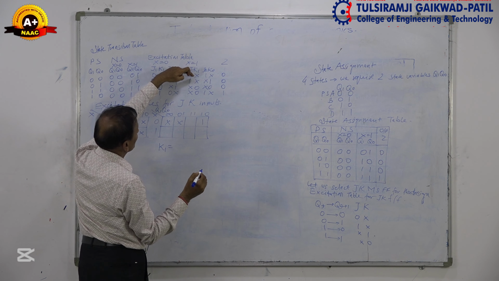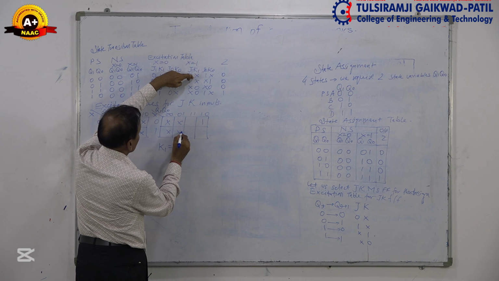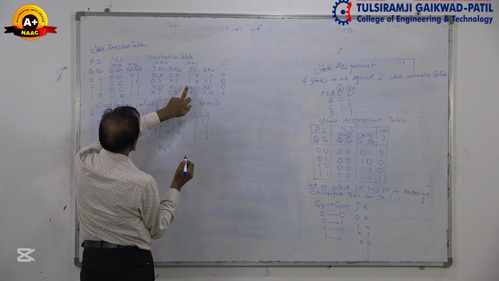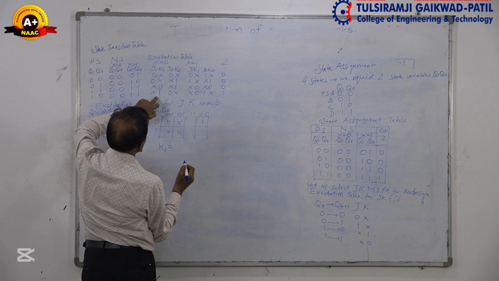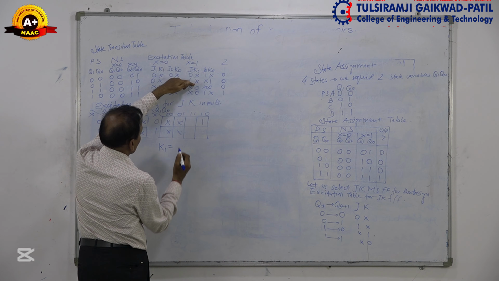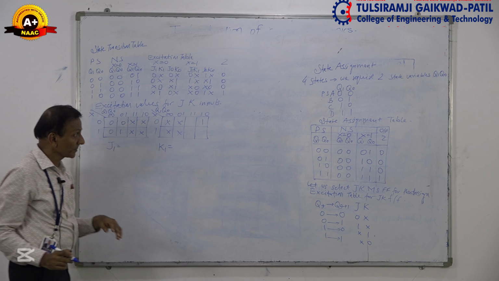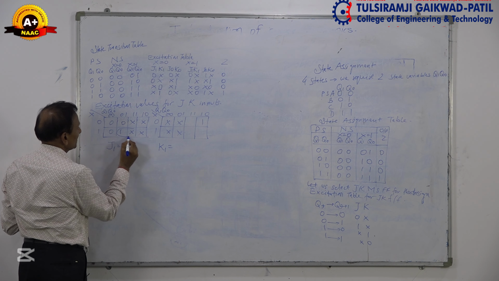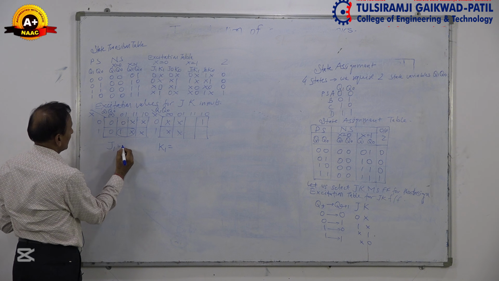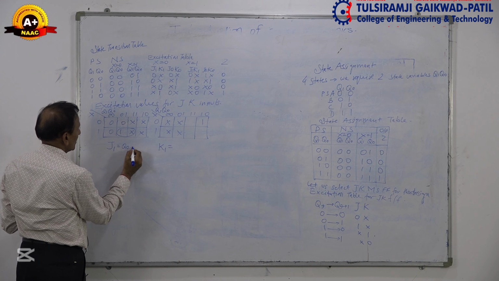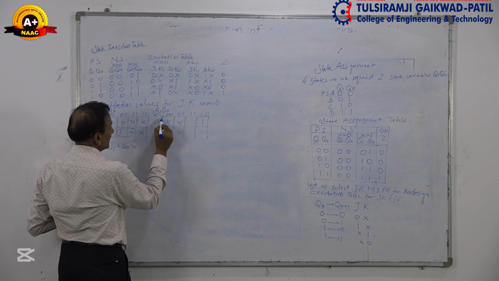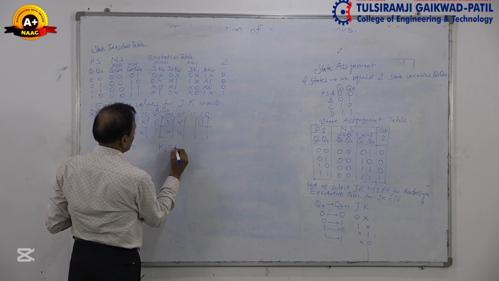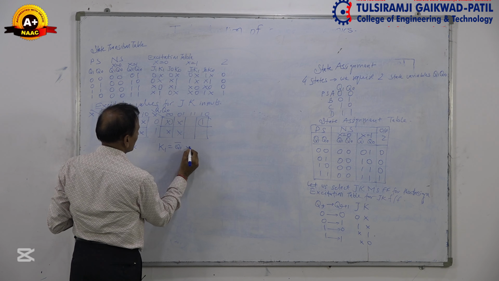And for the other row, K1 is don't care, don't care, 0, 0. Okay. Now let us find the equations. This one will combine with this. So J1 is Q0 x, and K1 is here, Q0 bar x bar.